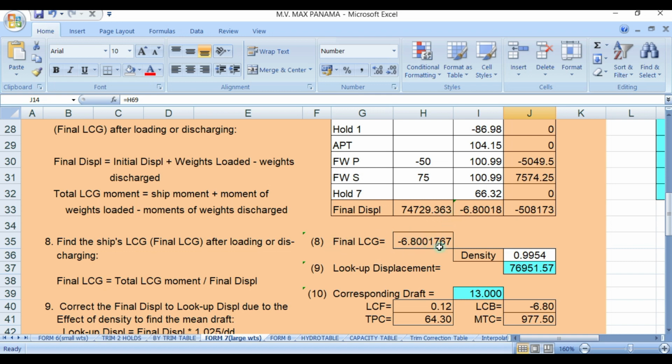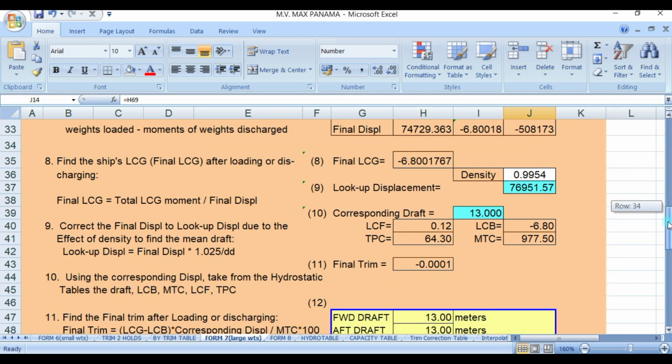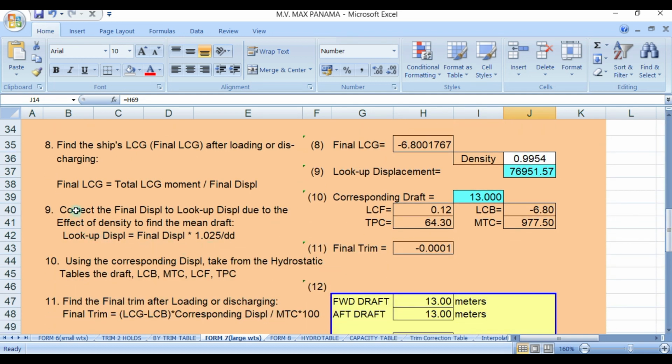That is your final LCG. Okay, and in number 9, you will apply now the density in Panama.